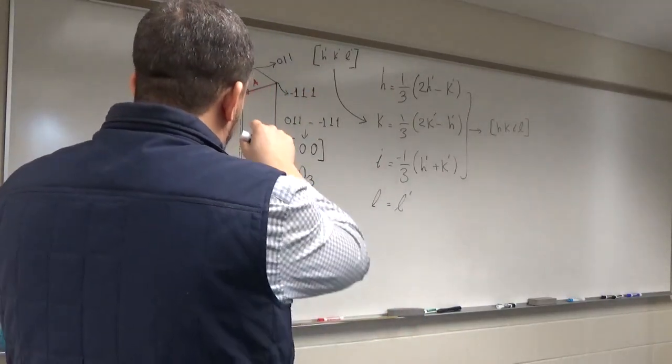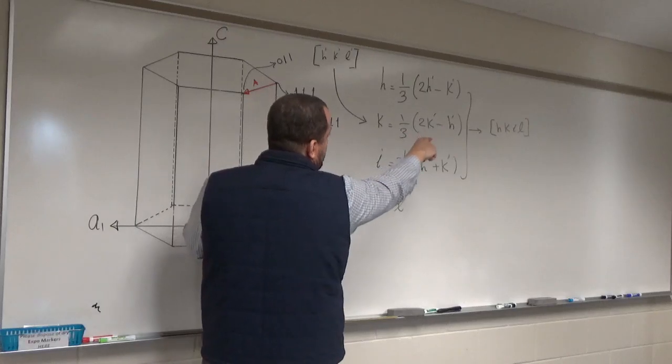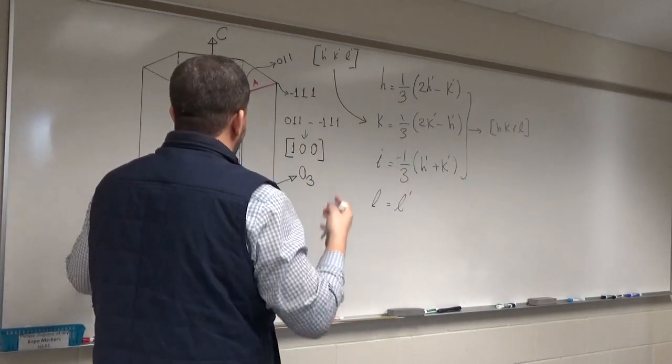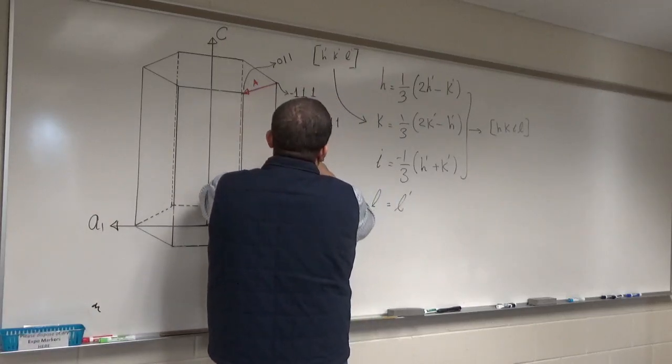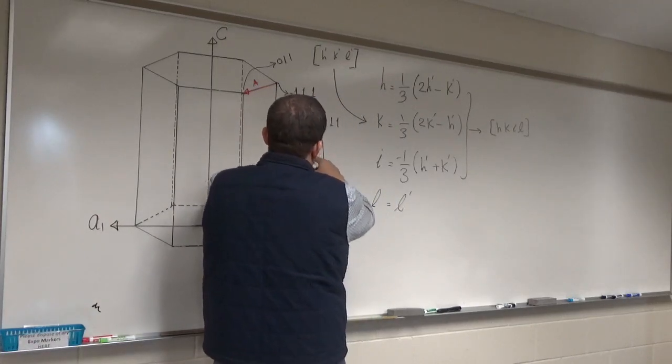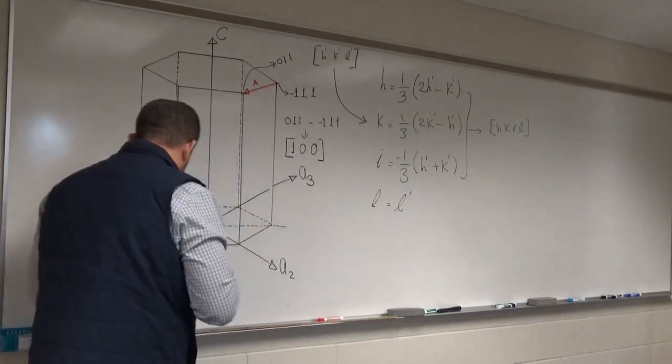Now we need to convert those Miller indices to 4-dimensional Miller indices. So what do we need to do? Simply, since this is h prime, this is k prime, and this is l prime, we need to substitute that here.